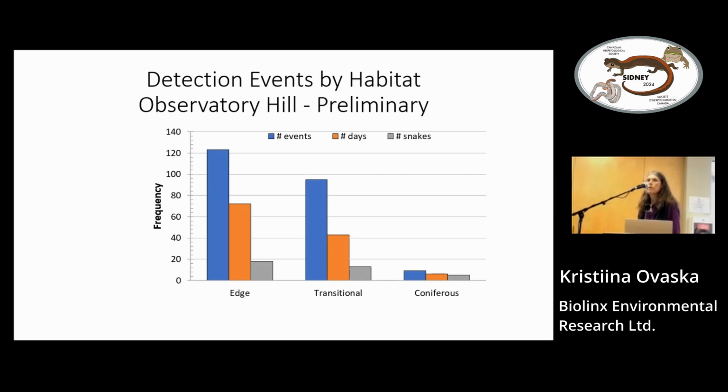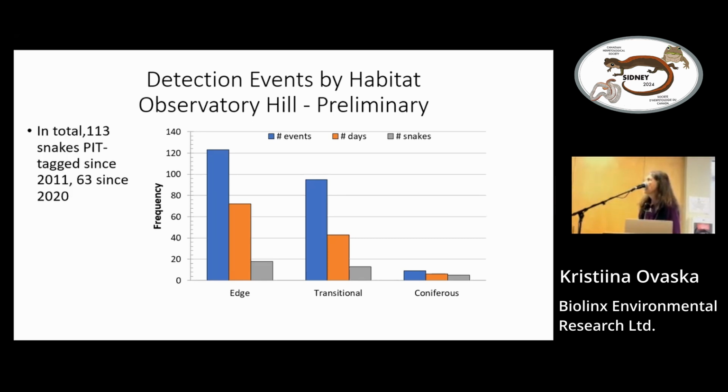So our data sets are sometimes hundreds of thousands of detections. So we had to organize them in some way. And the days, the orange column, is the number of days that the snake was detected at the particular reader. These are pooled data for the 4 replicates that we've got so far.